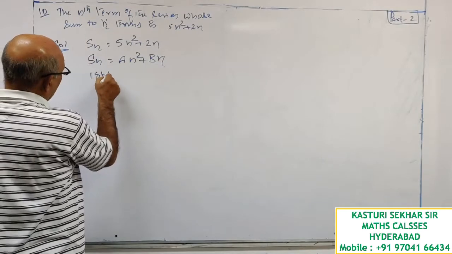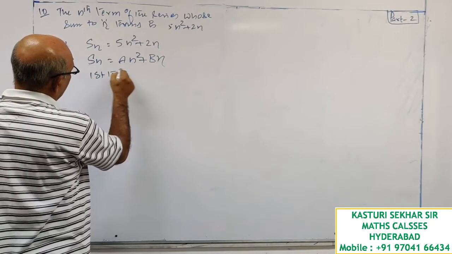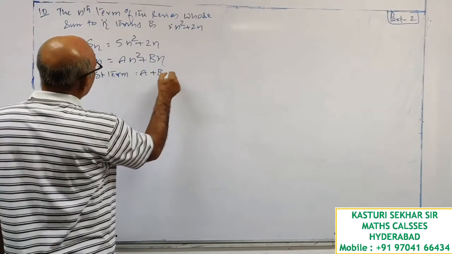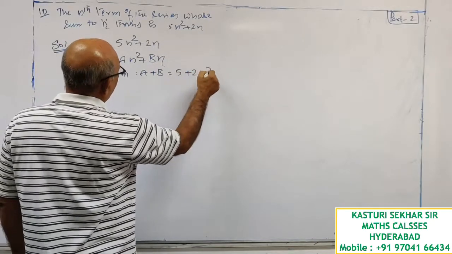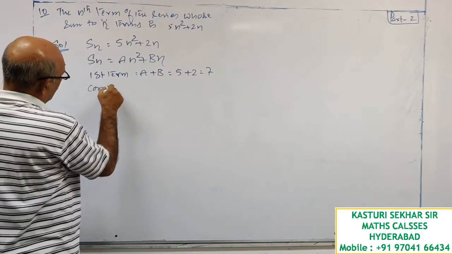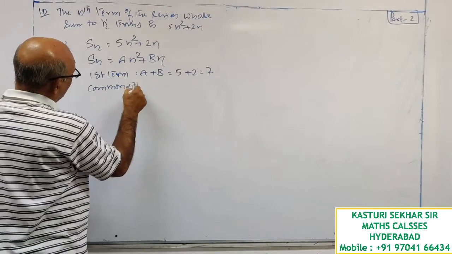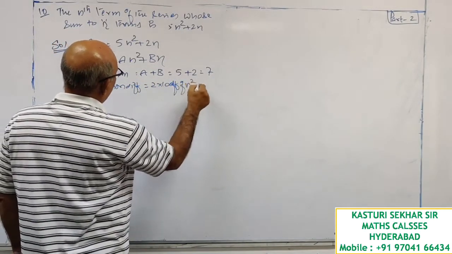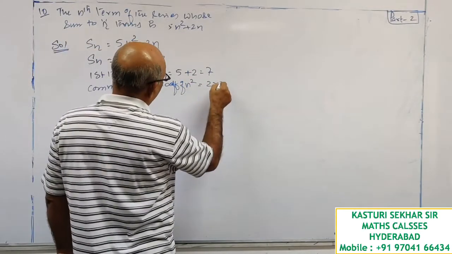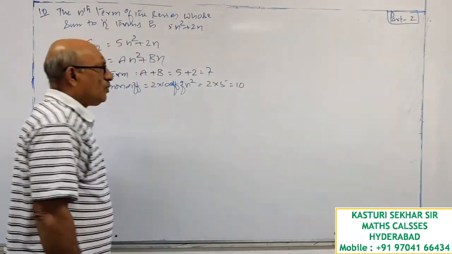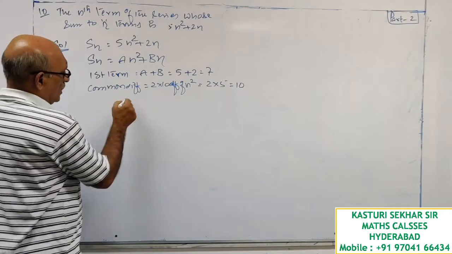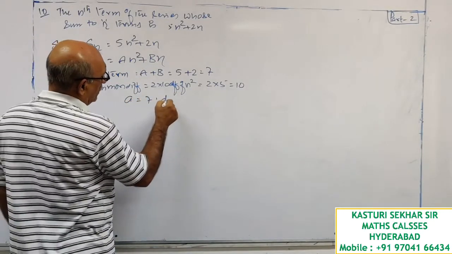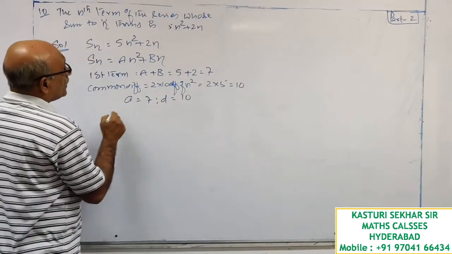So the first term is equal to a plus b. This is 5 plus 2, 7. Common difference is equal to 2 into the coefficient of n square. This is 2 into 5, 10. So a is equal to 7, d is equal to 10.